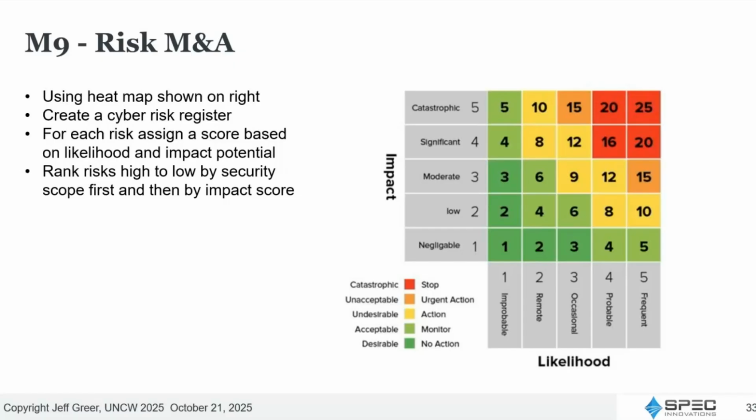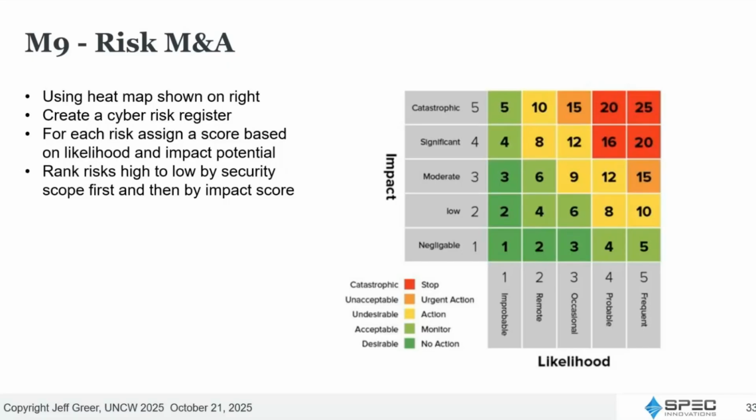If we look at impact, negligible at 1 to catastrophic at 5, and then if we look at the likelihood, impossible, there's a lot of risks that are theoretically possible but practically aren't realistic, all the way up to frequent. And that's sort of the spectrum of choices you have along the horizontal axis there.